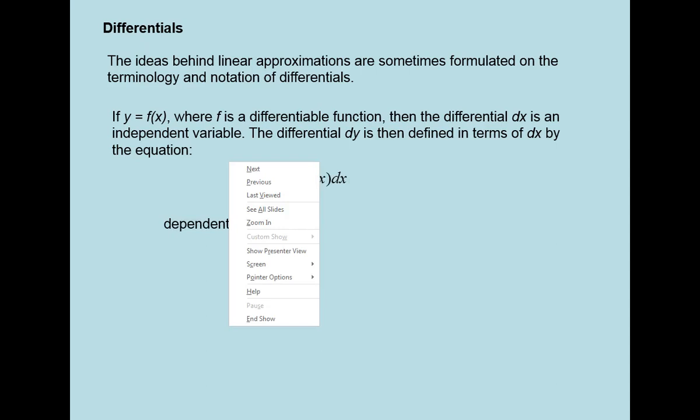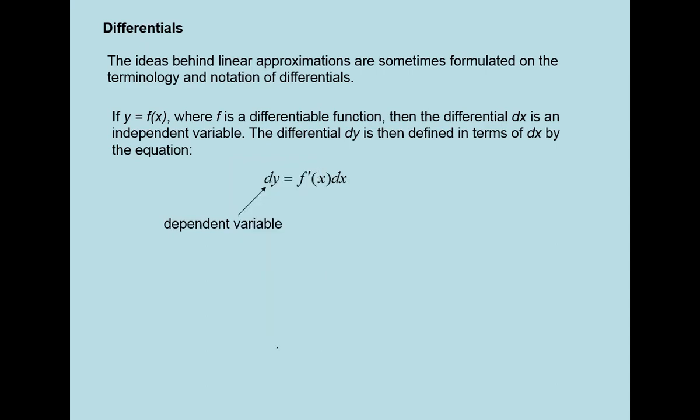If we were to take the derivative of a function, let's say we have y equals f of x, we would say the derivative is dy dx equals f prime of x. And doesn't it look like we've just multiplied the dx to this side? That's not what's happening.